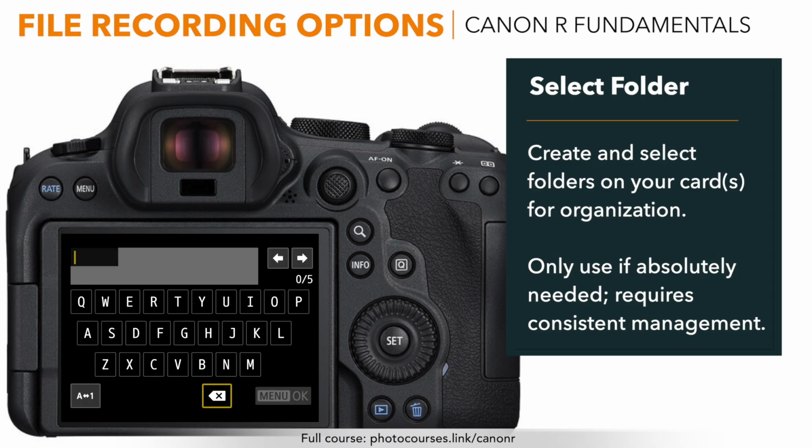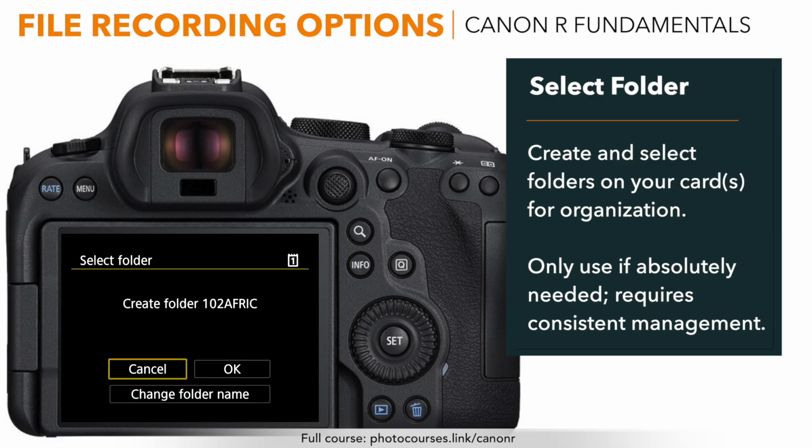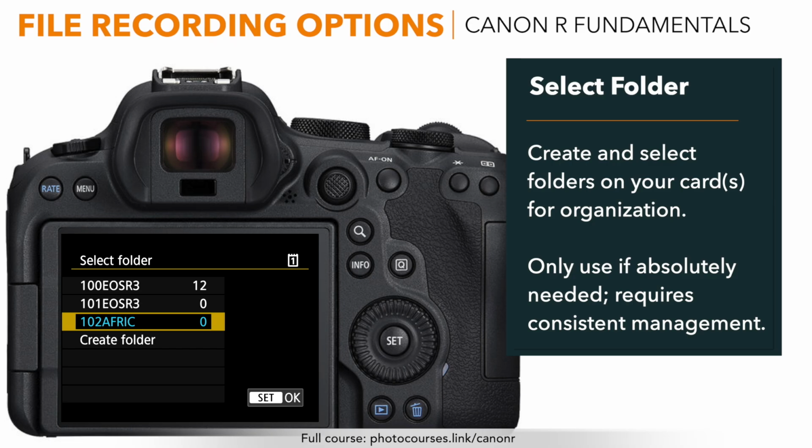For our Africa example, you could type AFRIC for your Africa trip to let you know all of the photos in that folder are from Africa. And then you can select any folder from the list to record subsequent photos. The folder name you see in blue is the current default folder.